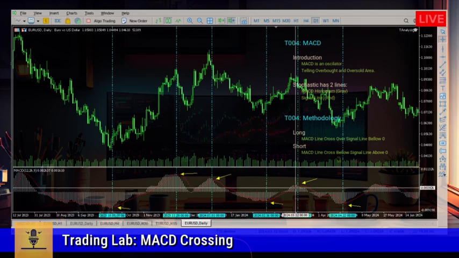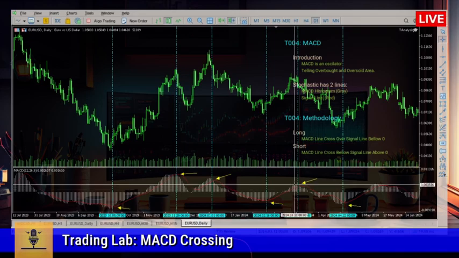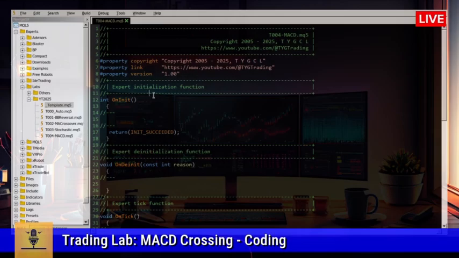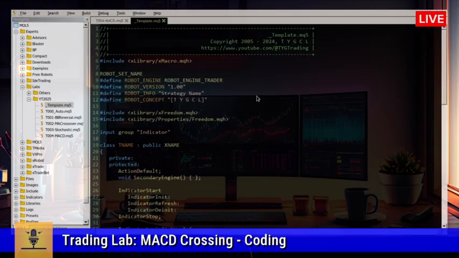Okay, now we prepare the code. To speed up the code writing, I have prepared a template, so I don't need to write the whole code every time anymore.